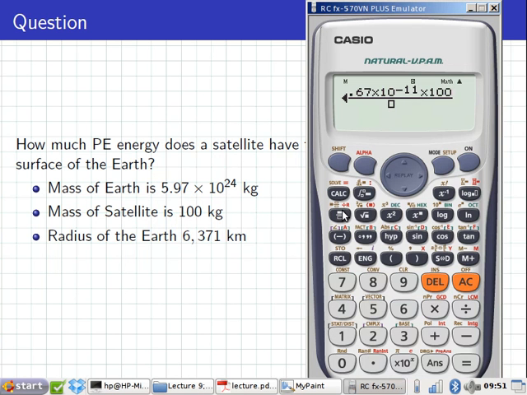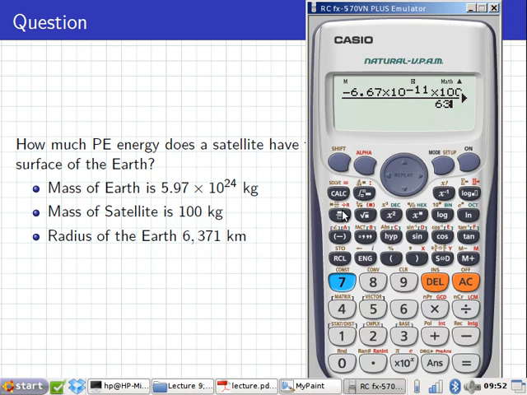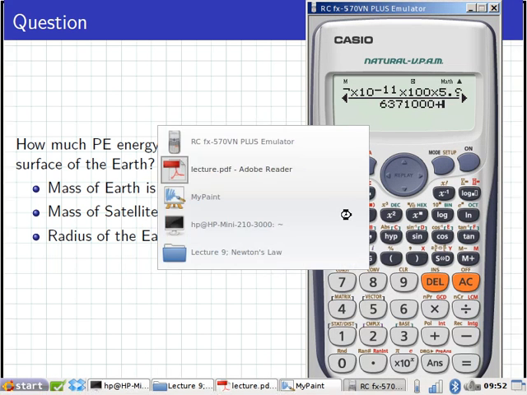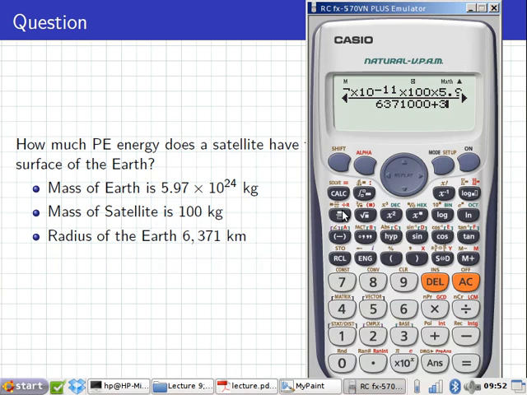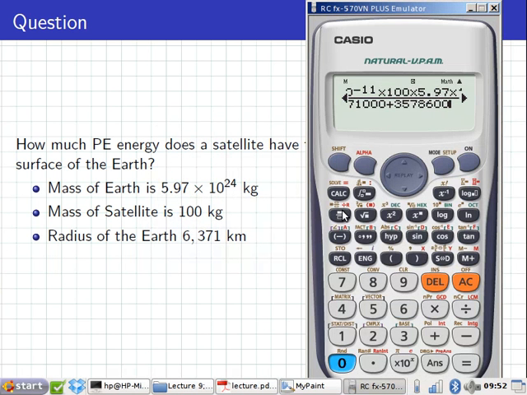The mass of the Earth, and then the distance, which is 6371000 plus 3578600. What do you think?